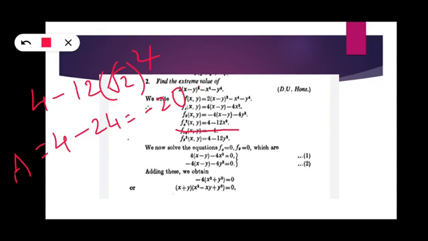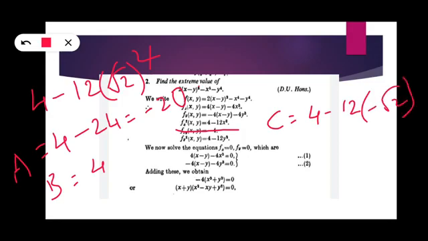Now we calculate the b. B is equal to 4, that is a constant, there is no change. And c is equal to 4 minus 12 into minus root 2 whole square. So here minus will be plus, because we have a square, so the square and root get cancelled.